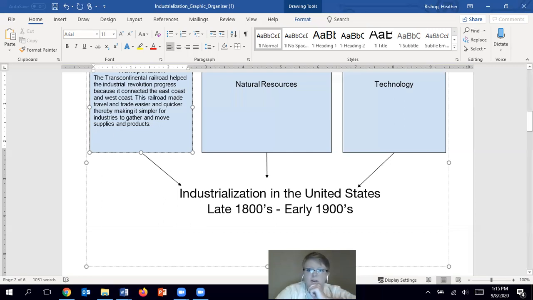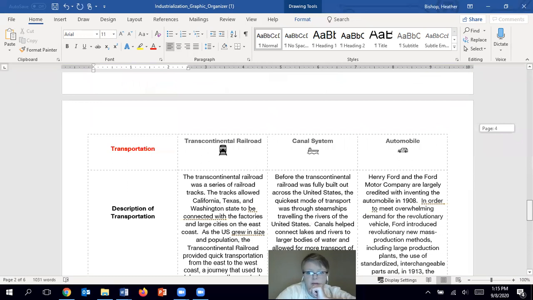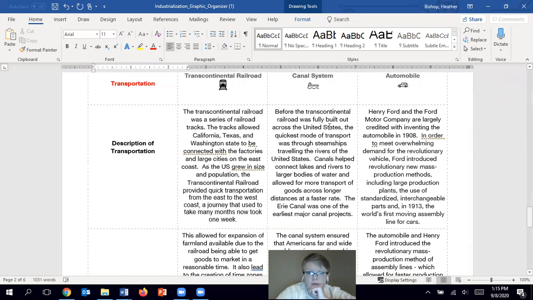Okay, so we would go back down here and we'd say, okay, let's check out maybe the canal system. We would read through this. Before the Transcontinental Railroad was fully built across the United States, the quickest mode of transportation was through steamships traveling the rivers of the United States. Canals helped connect lakes and rivers to large bodies of water and allowed for more transport of goods across longer distances at a faster rate.